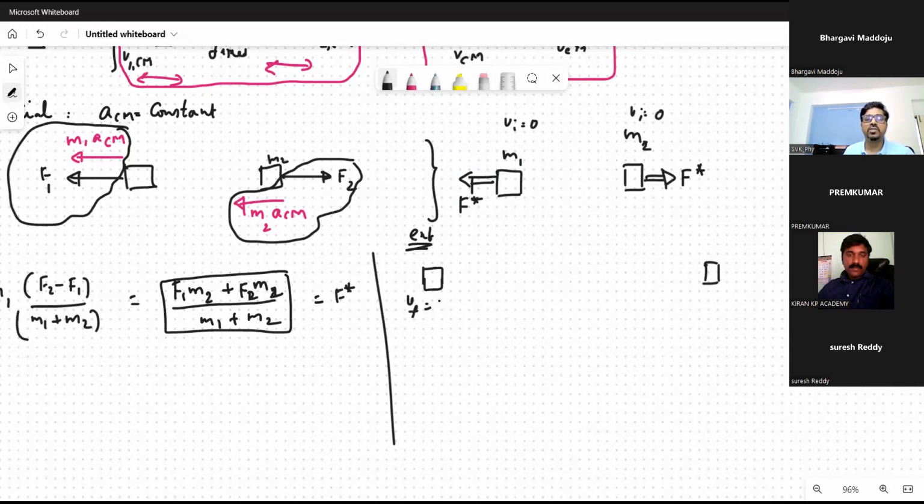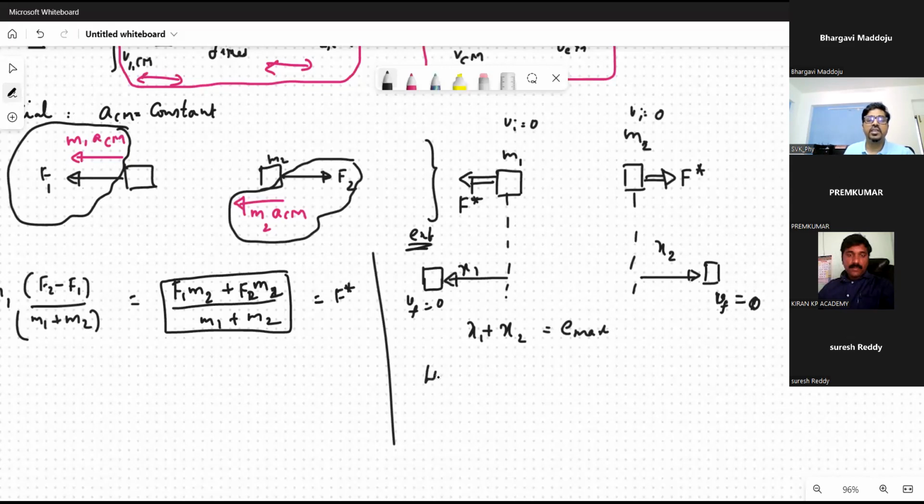Again, V final is also 0. All right. So this block has moved x1 distance, and this block has moved x2 distance. x1 plus x2 equals xmax, maximum deformation.